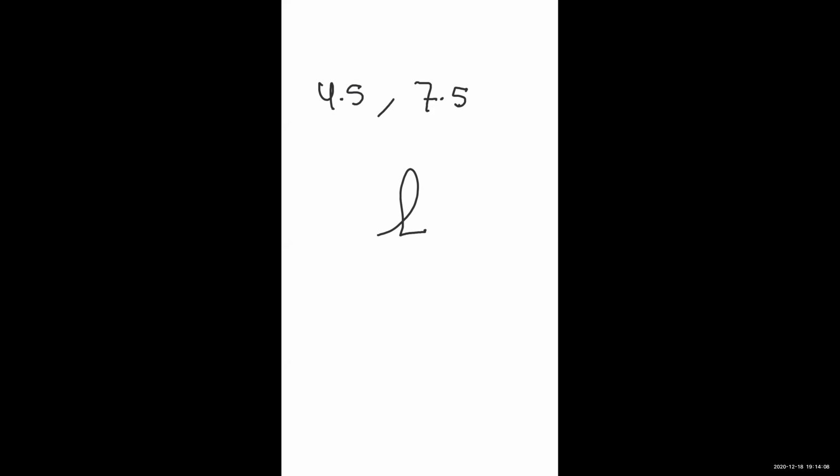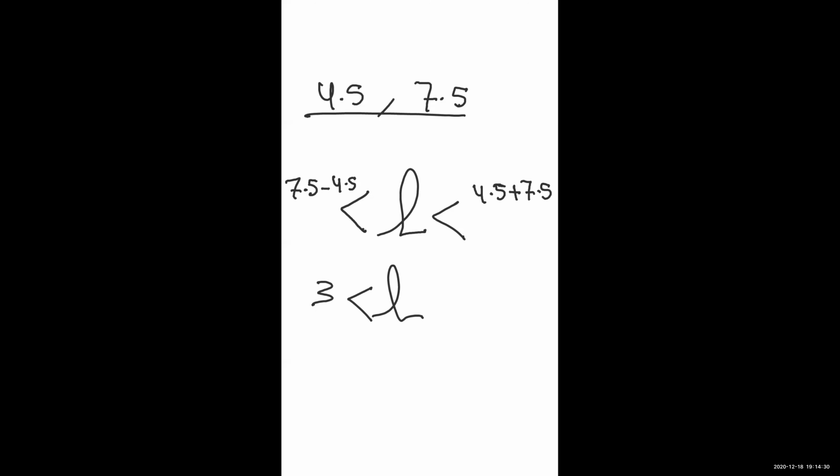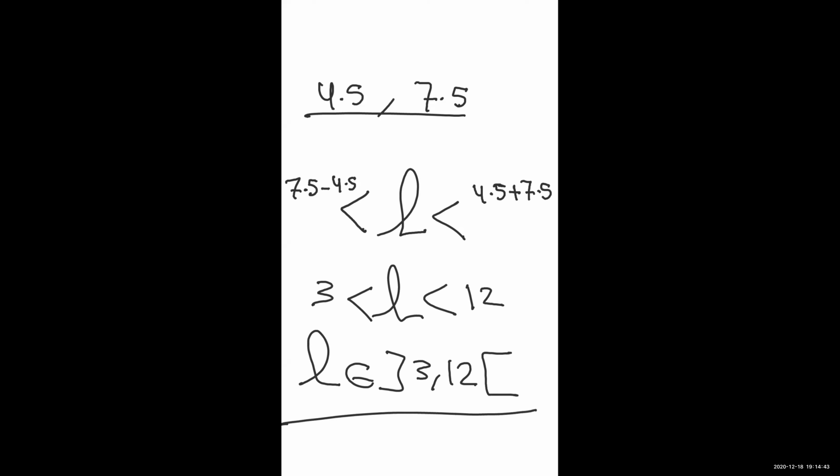The length of the third one will be greater than the difference, so 7.5 minus 4.5, and less than the sum, so 4.5 plus 7.5. So the length will be greater than 3 and less than 12. So the length belongs to this interval. Of course, it's open, 3 and 12. Finished. Now it's clear, guys?